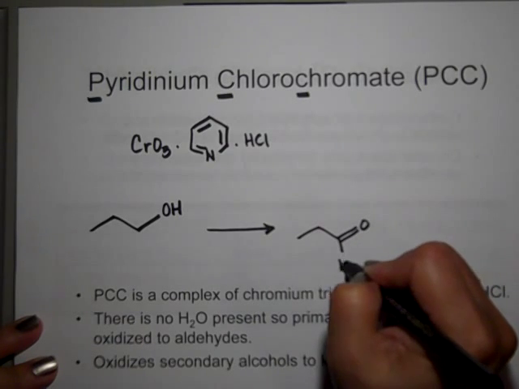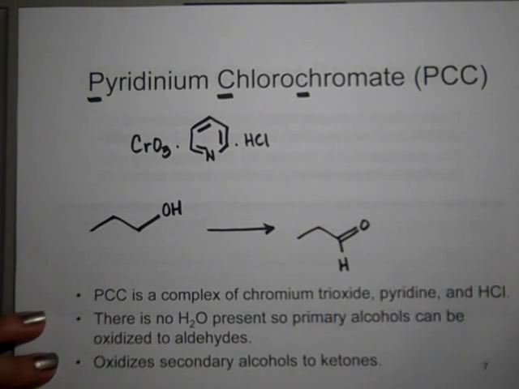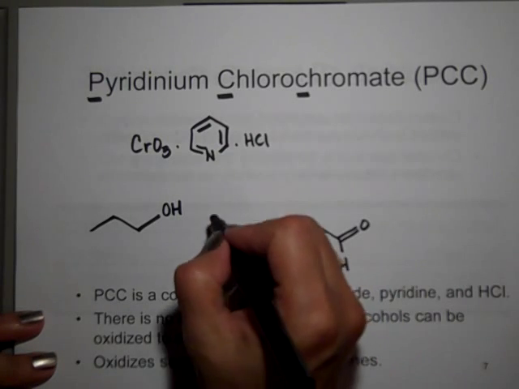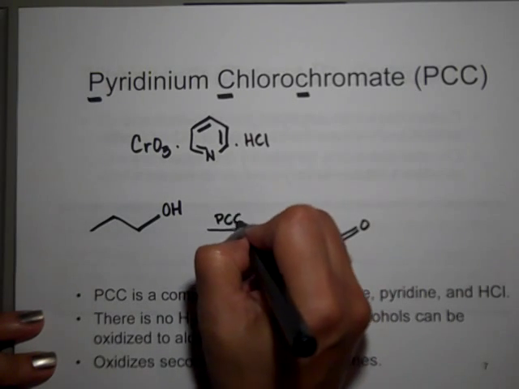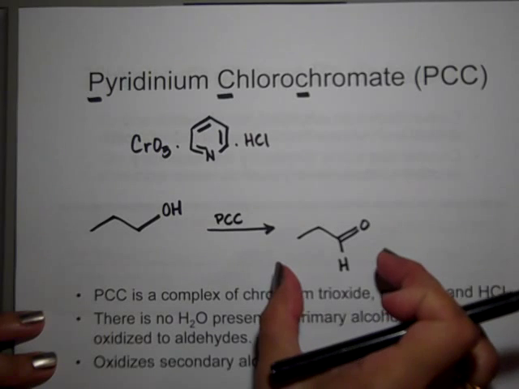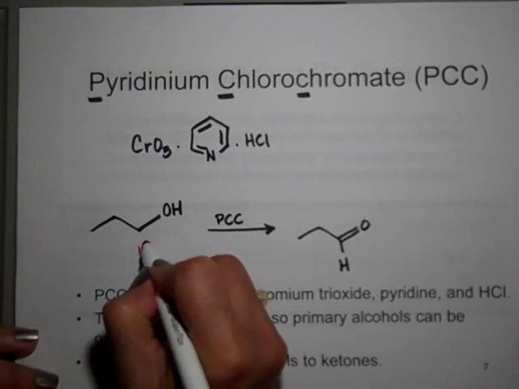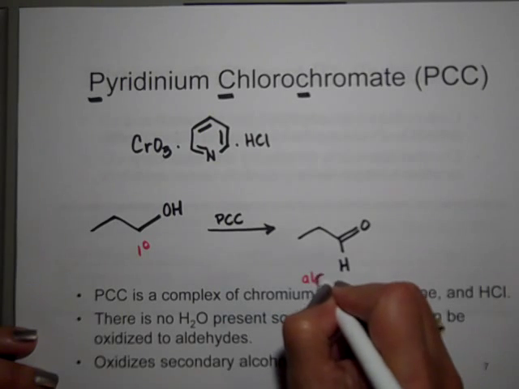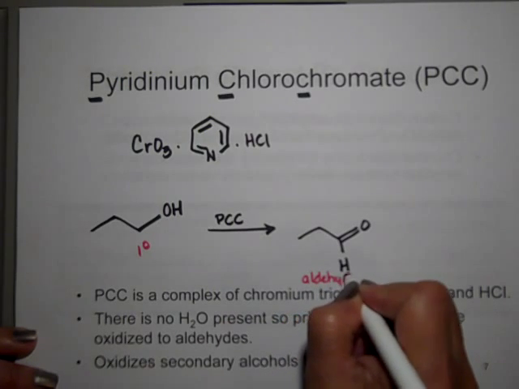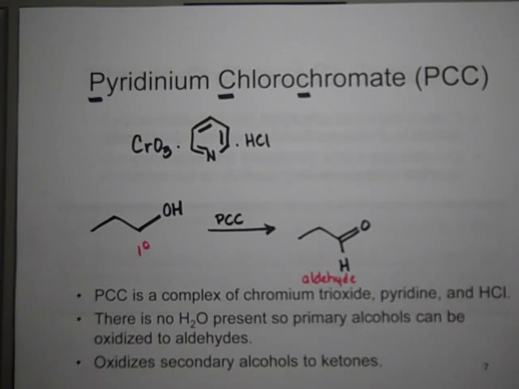PCC will not over-oxidize the aldehyde into the carboxylic acid. It can't because it doesn't have any water, and what you need to over-oxidize the aldehyde into the carboxylic acid is water. So PCC will take a primary alcohol into the aldehyde and it will stop right there, an excellent reagent to do this reaction.